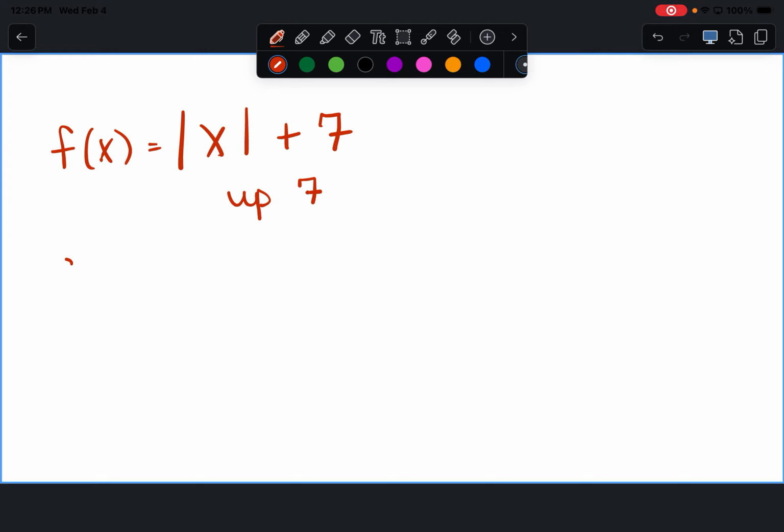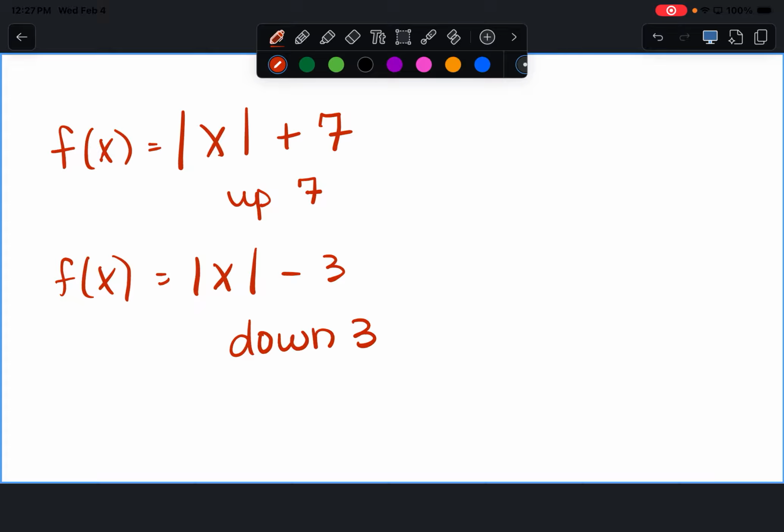If we have the absolute value of x minus 3, what is that causing to happen? Down 3. If it is outside the function, regardless of what the function is, it will make it move up or down. So we've already kind of done vertical shifts whenever we graph these. We looked at what happens when the asymptote gets moved up and down.